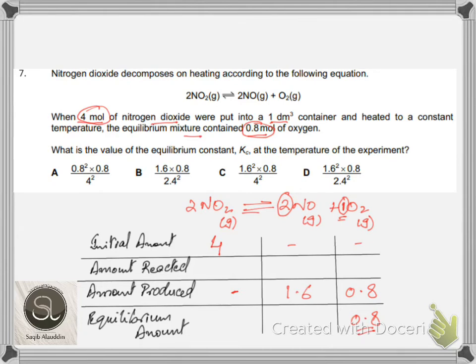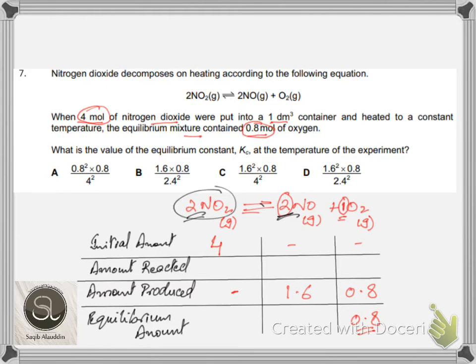See now again, the ratio for NO and NO2 is 1:1. I mean 2:2 means 1:1. So if we say 1.6 moles of NO are produced, then how much of NO2 reacted?